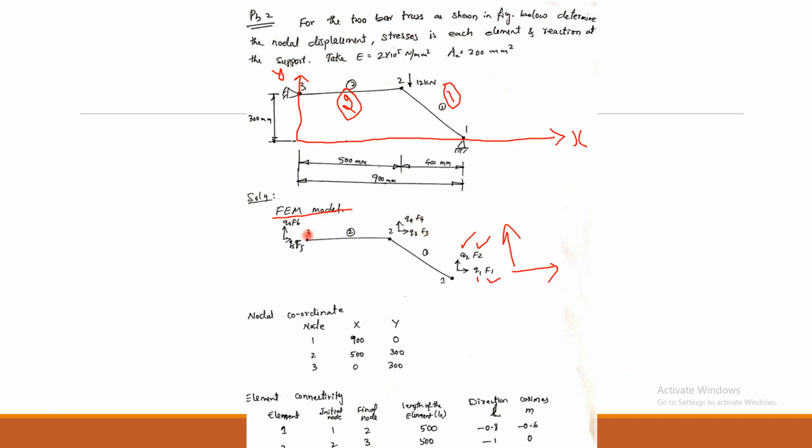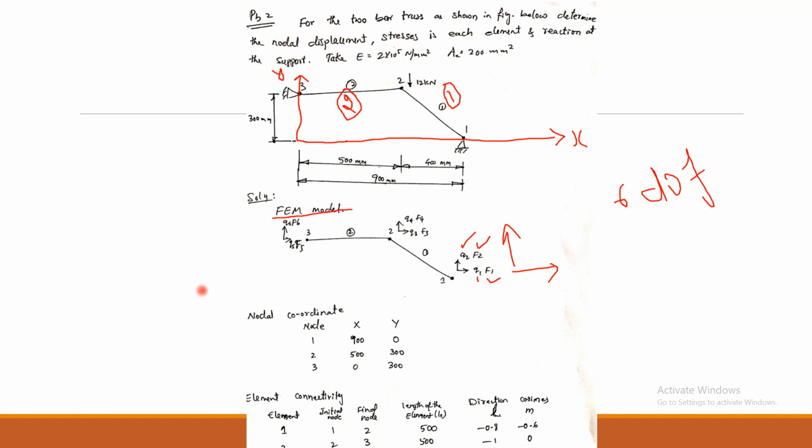Coming to node 3, we have 2 degrees of freedom once again, q5, q6, and external forces f5, f6. So the whole system consists of how many degrees of freedom? 6 degrees of freedom. You have to always write this down. It is a must.